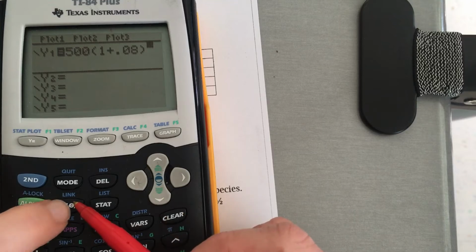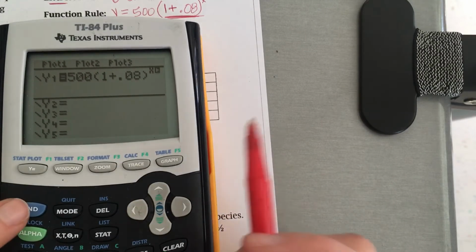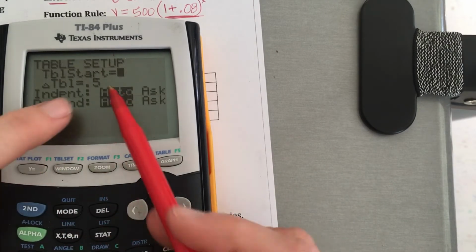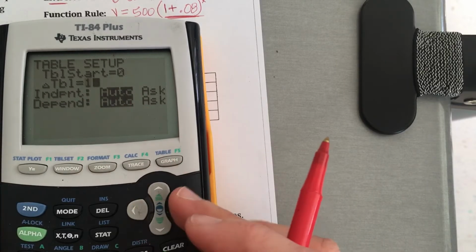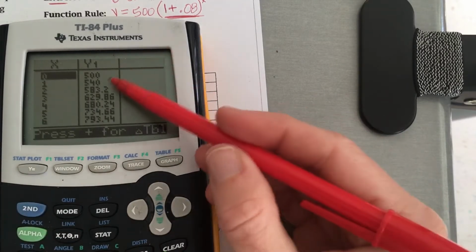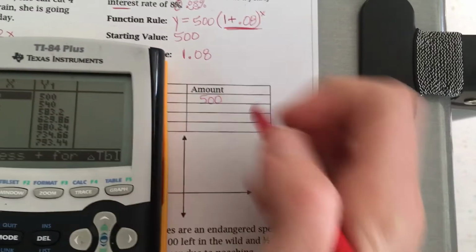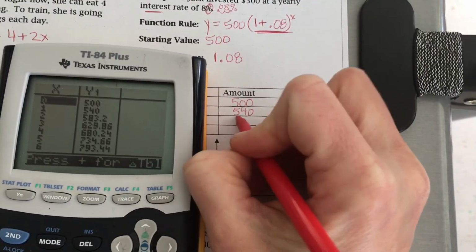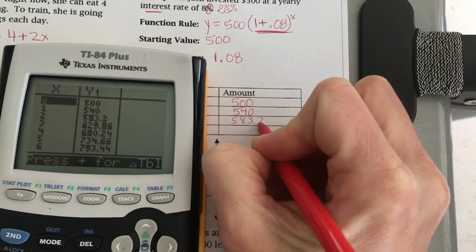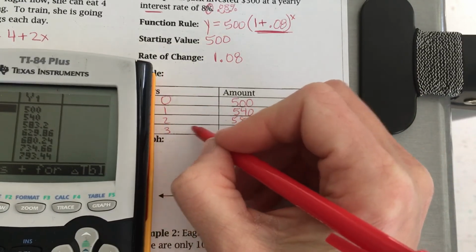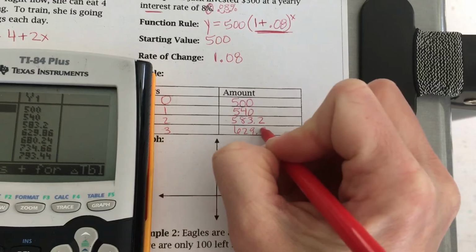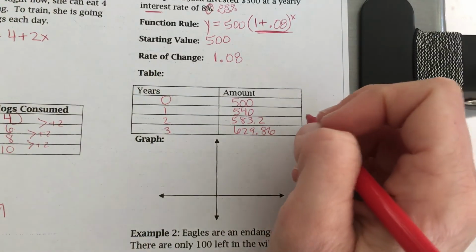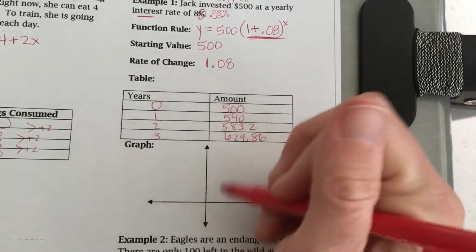And you're going to put in an X. And then I'm going to go to second window, and I'm going to tell it to start at 0. All right, so 0 is 500. Then at 1, it's 540. At 2, it's 583.2. And then at 3, it's 629.86.